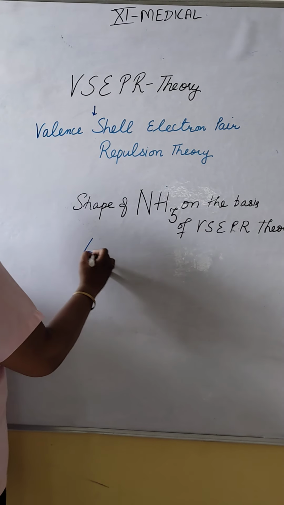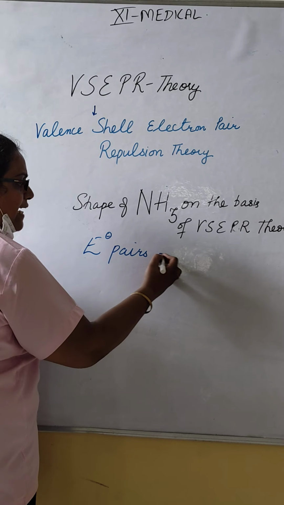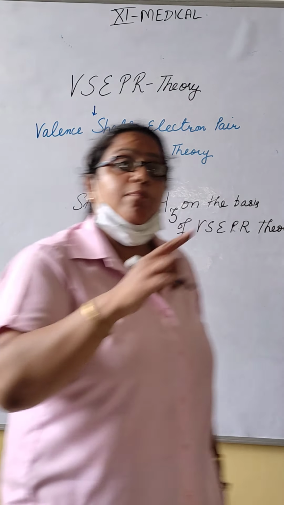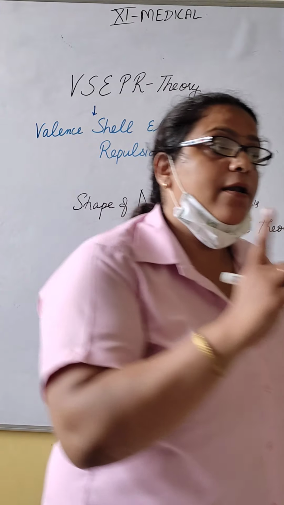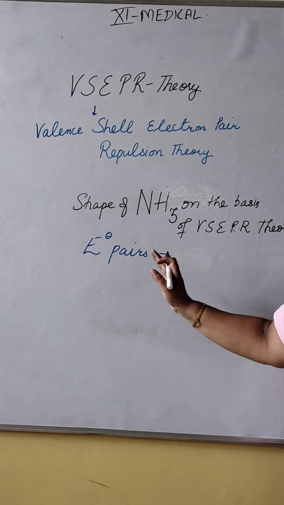First, calculate the total number of electron pairs. Electron pairs means bond pairs plus lone pairs. Everyone speak aloud. Electron pairs means bond pairs plus lone pairs. So first we will calculate how many electron pairs are present.